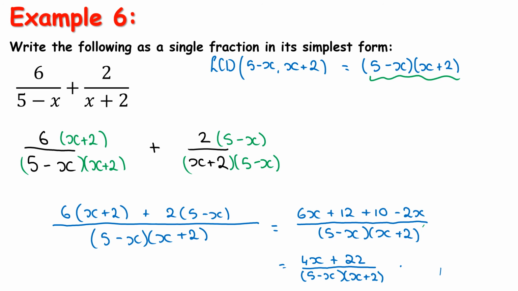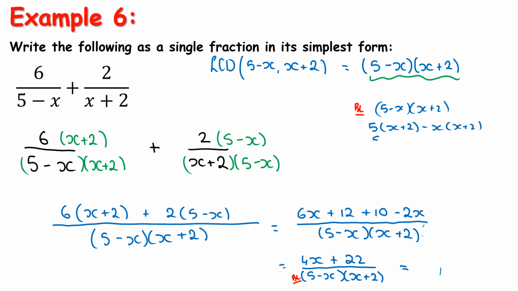So then if you want to go multiply out that bottom line, I'm going to do it up here. Bottom line, remember to label it. So I'm going to just bring it up here to do that. 5 minus x times x plus 2. Split the brackets. 5 times x plus 2 minus x times x plus 2.